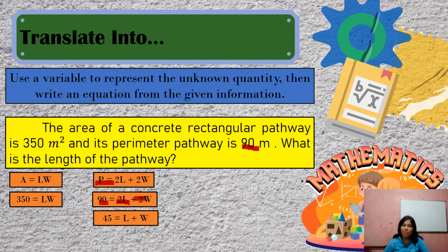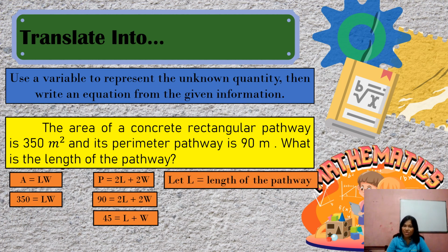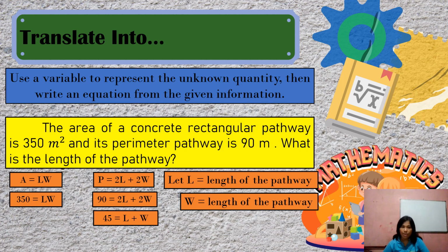Now, we've been talking about L and W, but we do not know yet what L and W are. Of course, L is the length of the pathway, and W is the width of the pathway. Now the problem is asking for the length of the pathway.